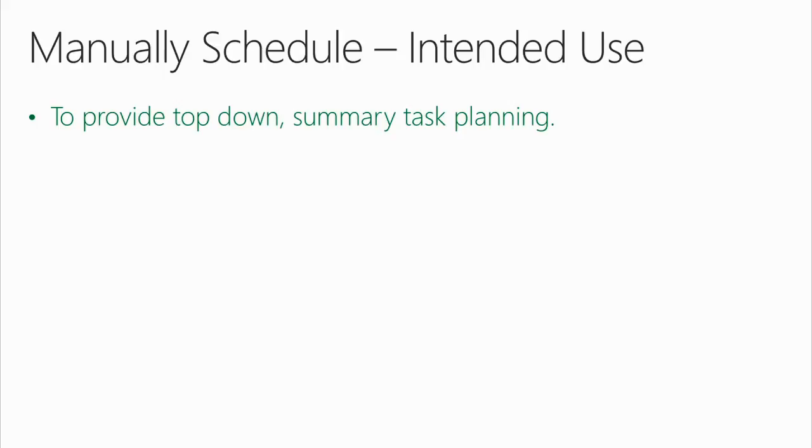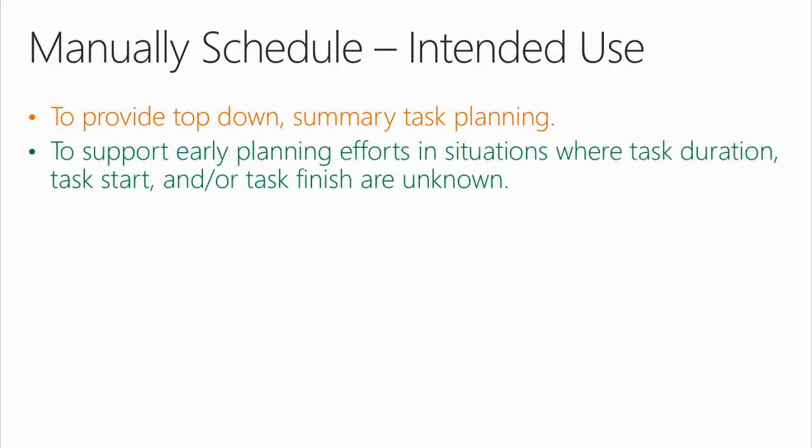Top industry analysts that look at project management tools basically stated that for Microsoft Project to remain competitive, it needed to provide top-down planning, something competitive products provide. Now, I don't want you to forget that, because if that's its intended use, then that's what we should use it for. Now, why?